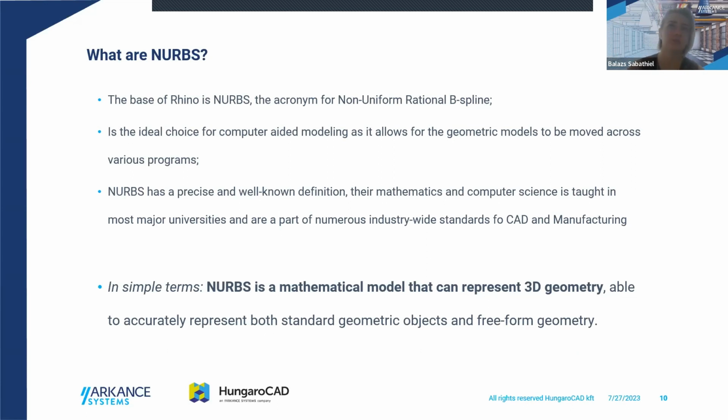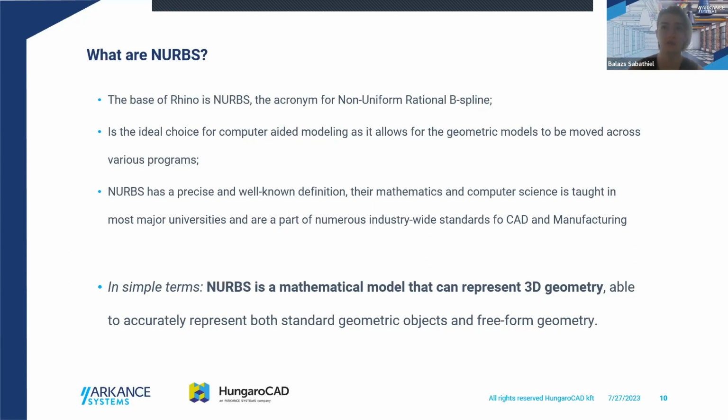NURBS is considered the base of Rhino, and the acronym stands for Non-Uniform Rational B-Spline, which, in a very simple way to say, is a mathematical model to represent 3D geometry. You can think of it like from school, when you had to calculate quadratic functions and make their graphs into parabolas.